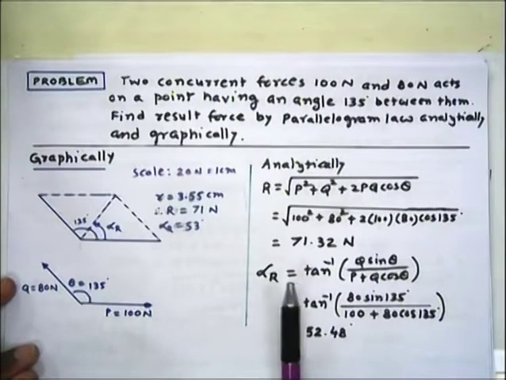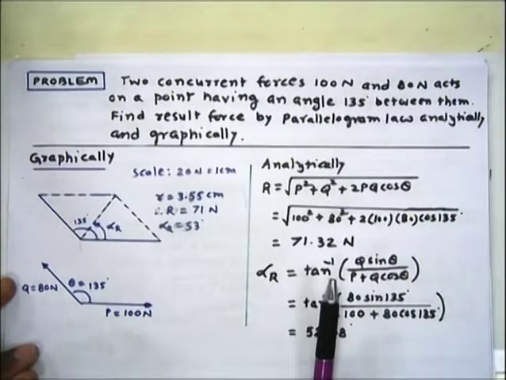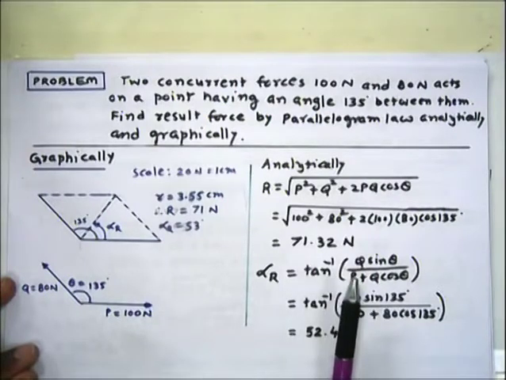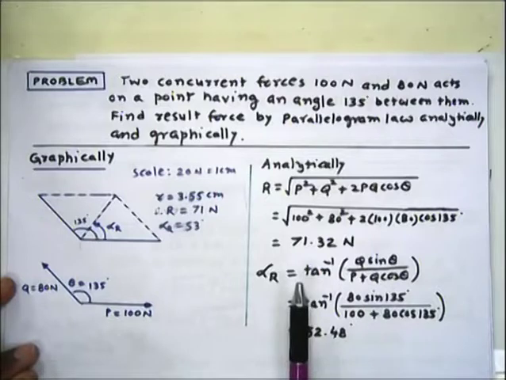So you will have to remember the formula alpha R is equal to tan inverse Q sin theta divided by P plus Q cos theta. So this is what the angle of the resultant is.